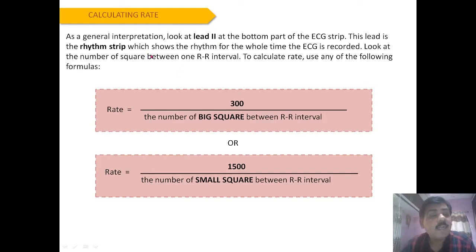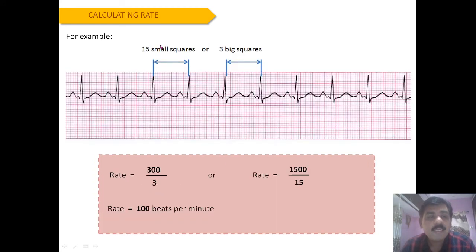As a general interpretation, the rate is calculated as 300 divided by the number of big squares between R intervals, or rate is equal to 1500 divided by the number of small squares between R intervals. These are the 15 small squares in between the two R waves.